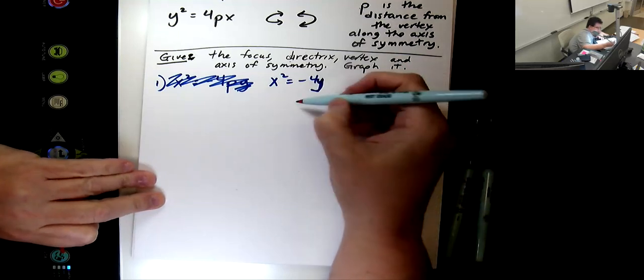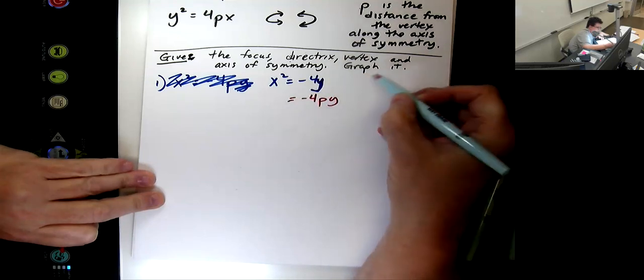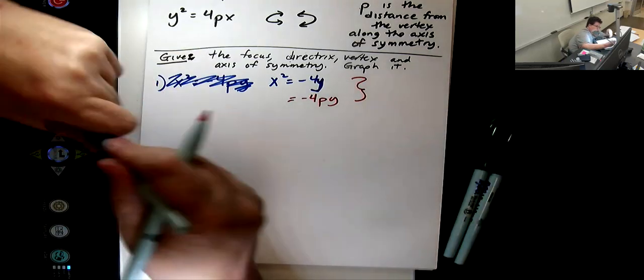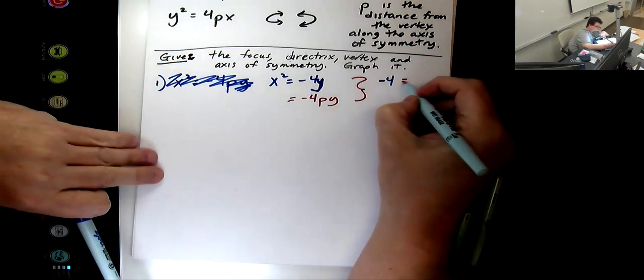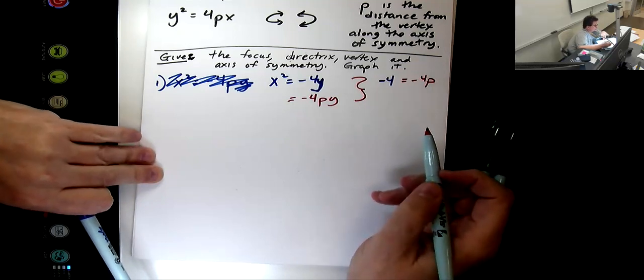So the way you go about doing this is compare this to negative 4py. And you'll see that negative 4 from the equation has to equal negative 4p from the formula. Our coefficients have to match up.